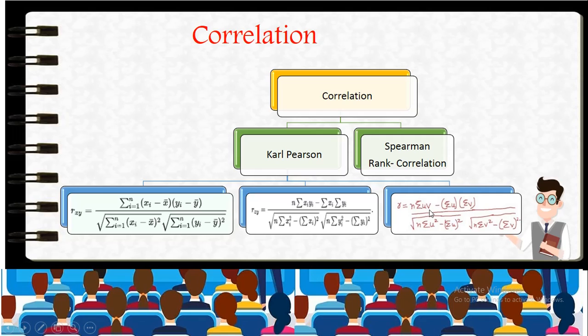When x bar is not a full number, we assume some amount instead of x bar, and when y bar is not a full number, we assume some amount for y bar, which is v. So let us look into the question.